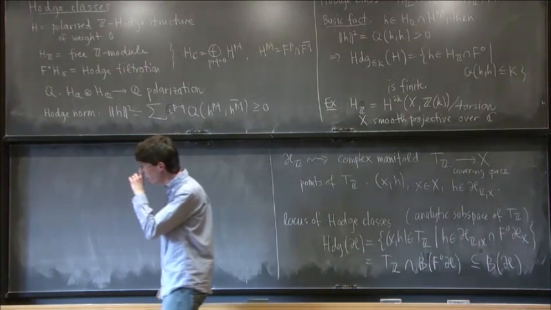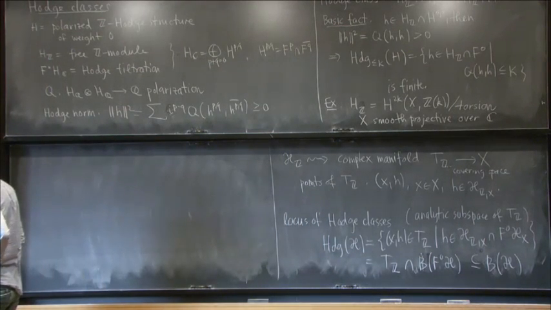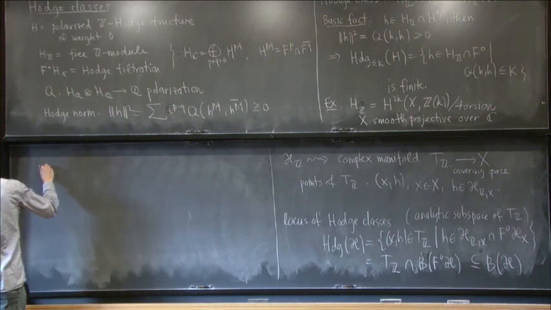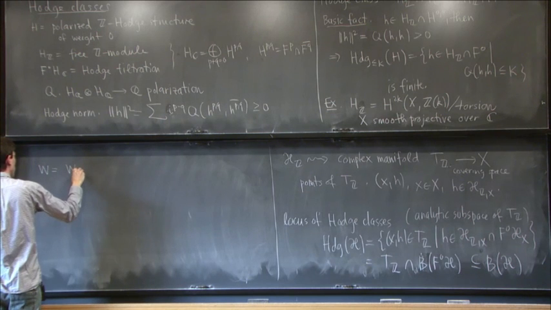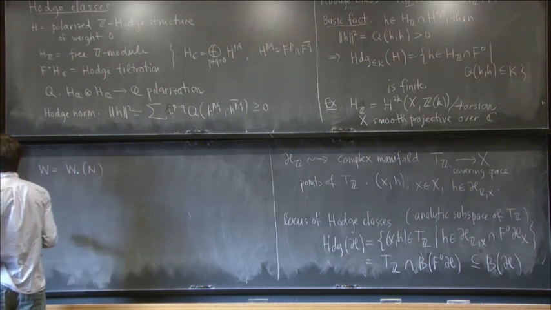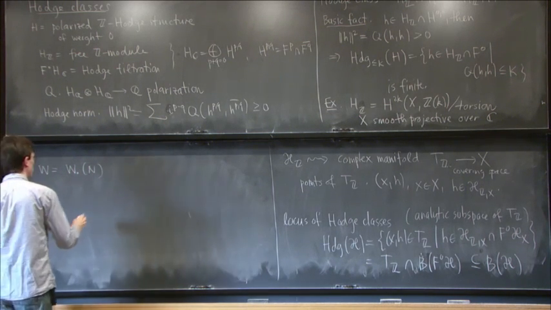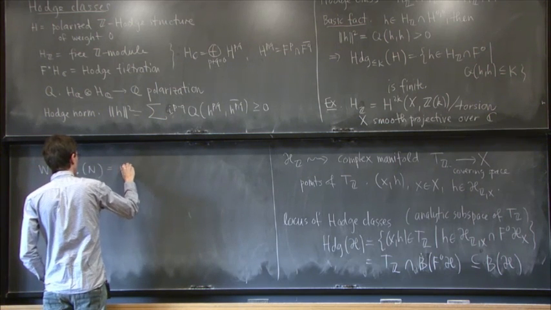The way you get this is: this W is the increasing filtration determined by this nilpotent operator N. This is the so-called monodromy filtration.